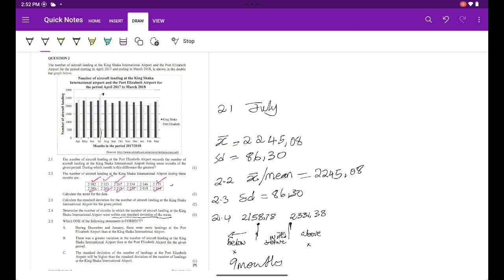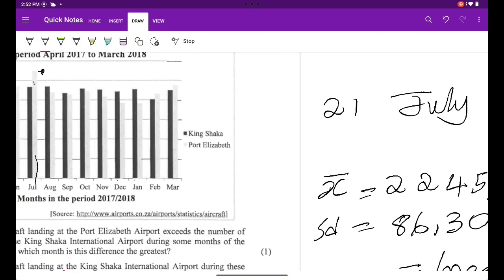We need to look at the PE, which must be above. The lighter one must be above the darker one in December and in January. December, it's below. Even in January, it's below. So this statement is definitely not true.